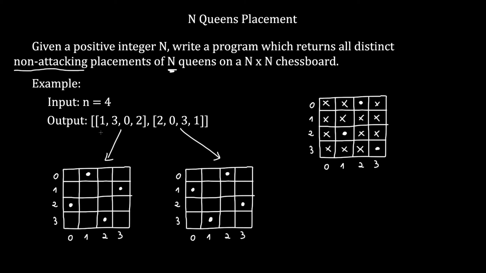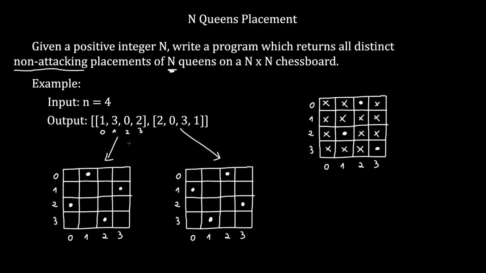And here is how. Let me just erase this a little bit. All right, we have this array, right? This is position 0, position 1, position 2, position 3. So how we are going to interpret this is that these numbers are actually the columns of the queen that will be placed on that specific row, right?